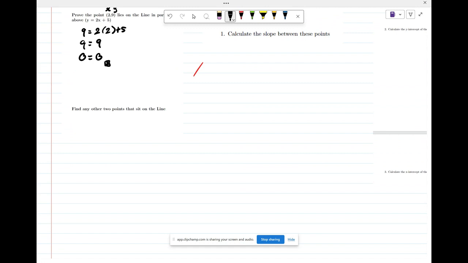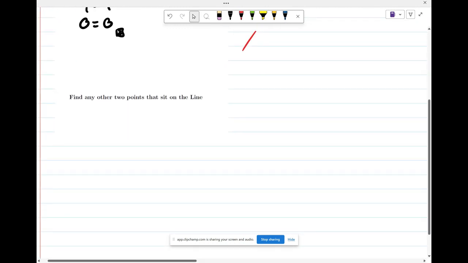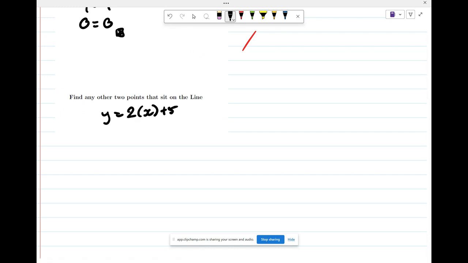Part 2 says find any other 2 points that sit on the line. Well, our line is y equals 2 times x plus 5. An easy one we can do is set x equal to 0 and see where it crosses the y-axis. 2 times 0 plus 5 gives y equal to 5, so we know (0, 5) is on the line.